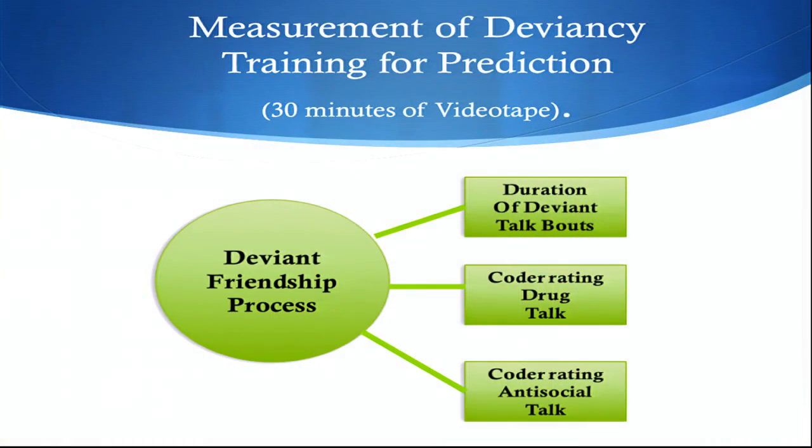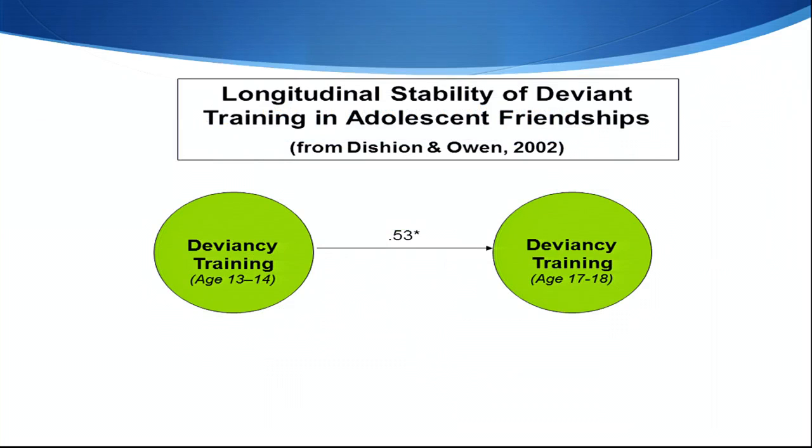And then what we found, in 30 minutes of videotaped observation and just measuring that, is that kids who do that are much more likely to do other deviant things down the road. The tendency to talk that way with your friends is highly stable. This is a 5-year time span, 30 minutes of observation on a videotape where kids shouldn't be acting out because they know they're being videotaped in a research context.